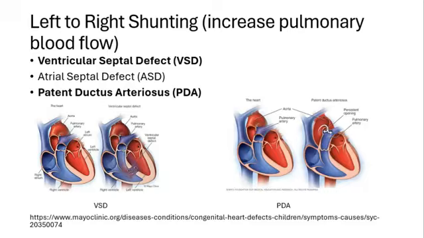So with patent ductus arteriosus, or PDA, blood is flowing from the aorta through a hole that didn't close into the pulmonary artery and then to the lungs again. So the lungs are getting too much blood again with PDA. You could hear a murmur, you could have bounding pulses and widened pulse pressure, but the big thing to remember with left to right shunting or increased pulmonary blood flow is that too much blood is going to the lungs.